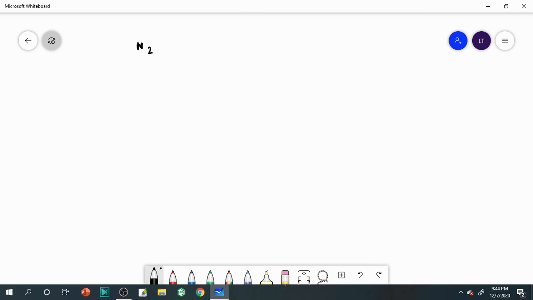In case of the N2 molecule, the electronic configuration will be sigma 2s 2, sigma star 2s 2, pi 2py 2 and pi 2pz 2. So up to this, it is the same as that of carbon.